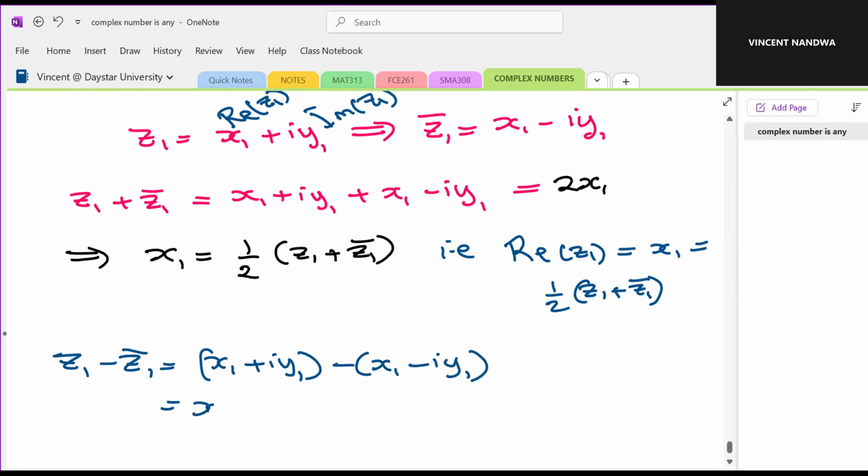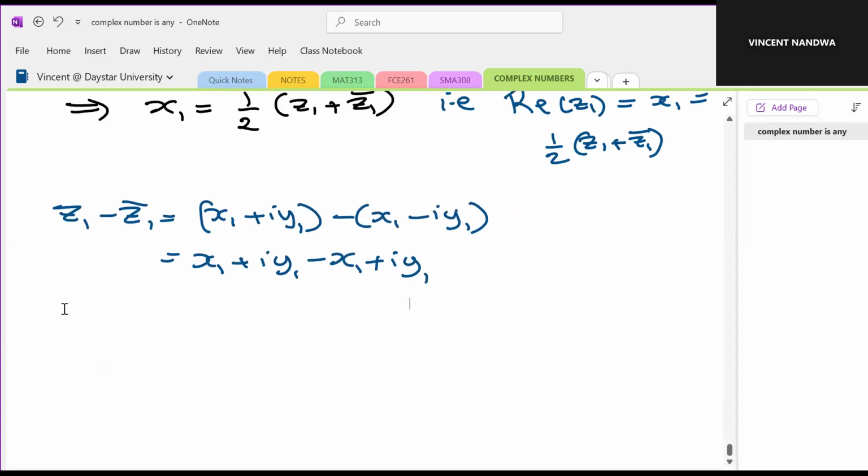Opening brackets, I'll have x1 plus iy1 minus x1 plus iy1, so x1 minus x1 is 0, and they give us 2iy1.